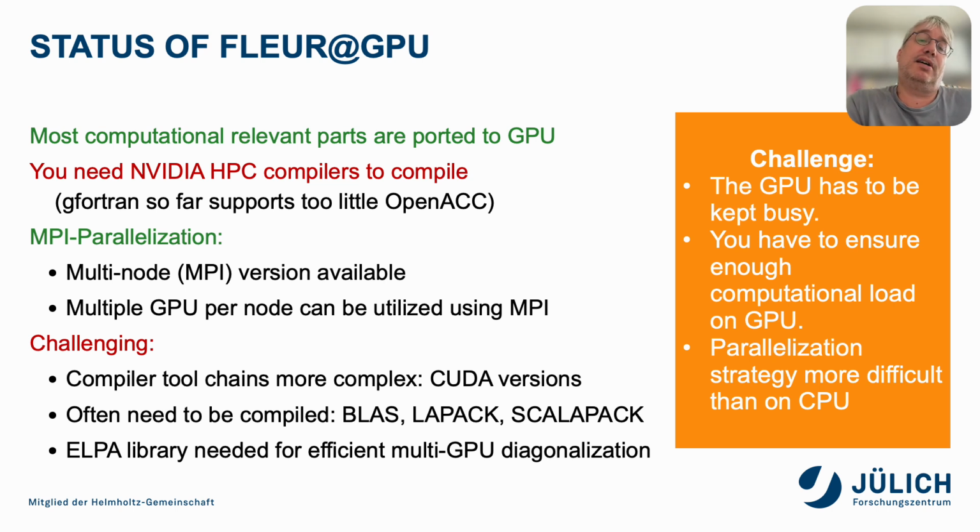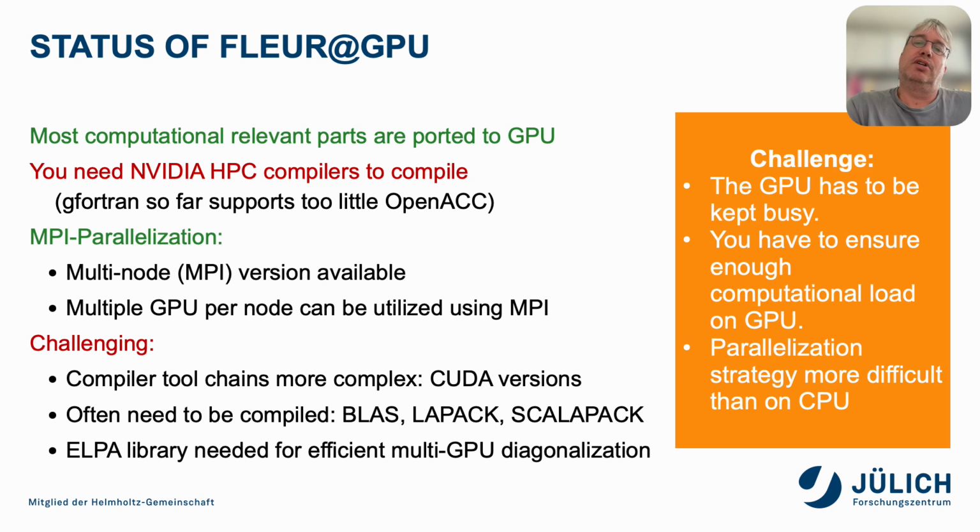When you want to compile the GPU version, you have to deal with having all the correct setup, for example, having the correct CUDA versions. Very often you have to compile relatively basic libraries like BLAS, LAPACK, SCALAPACK, and so on. For your compiler there, it might not be provided. And you also have to compile the ELPA library, which is needed for efficient multi-GPU diagonalization.